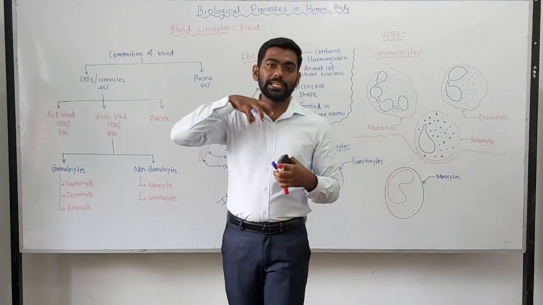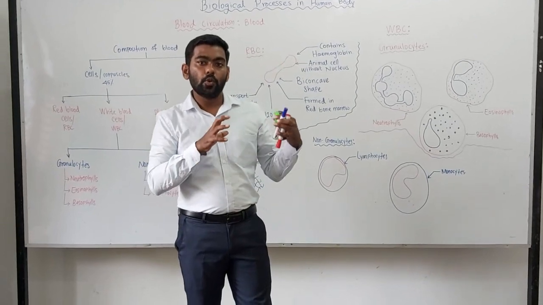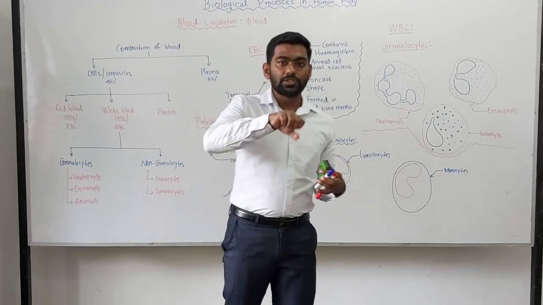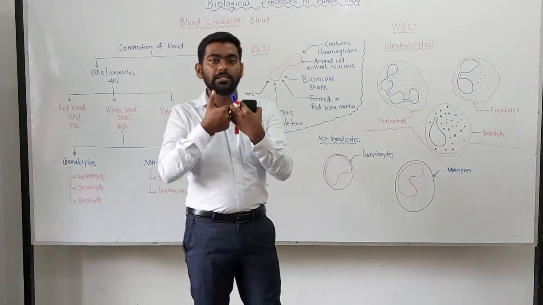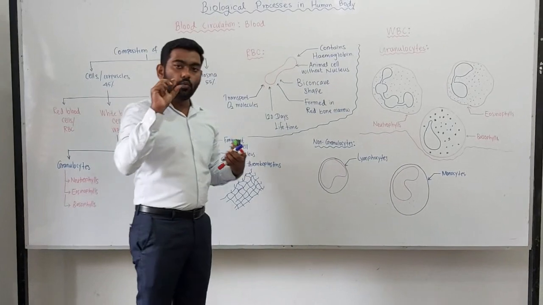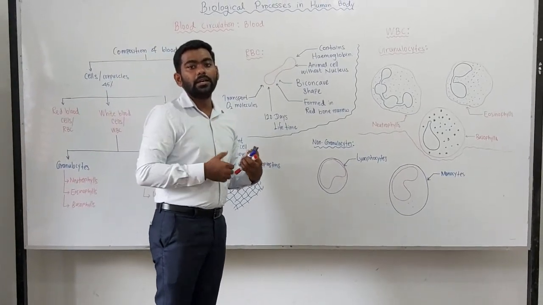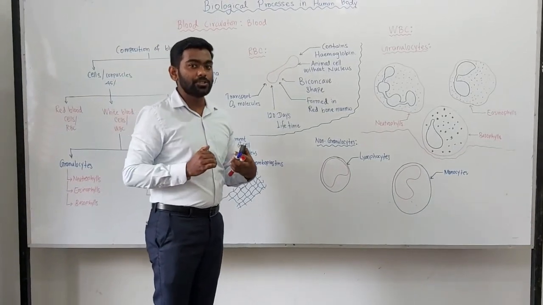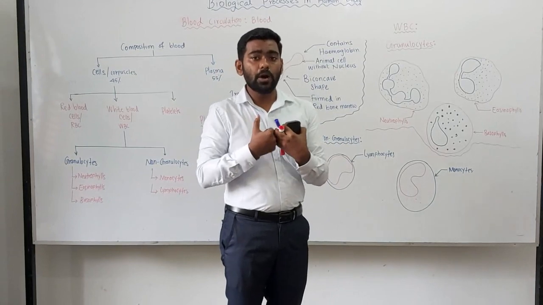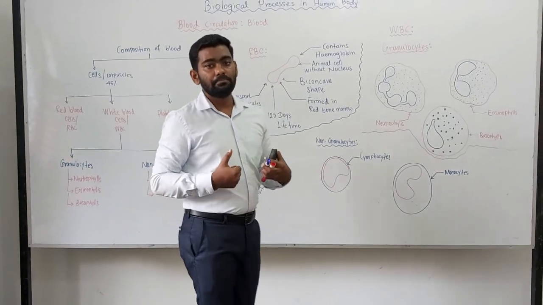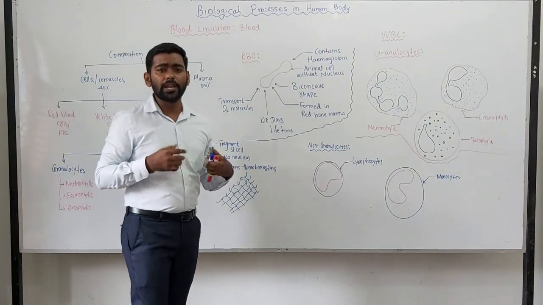So this oxyhemoglobin travels throughout the body, and whichever cells need oxygen will take it, because hemoglobin and oxygen are bound in a weak manner, a weak bond between the two, so it is easy to break and take. But there are certain components that have very strong bonding with hemoglobin. Once they are bound, we cannot take them back. Such a gas is carbon monoxide, CO gas. It's very poisonous.